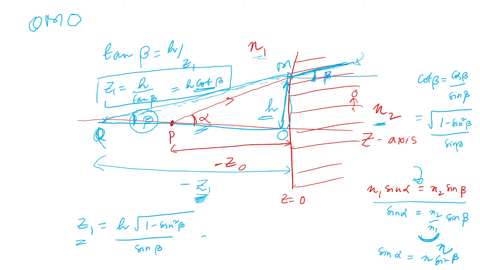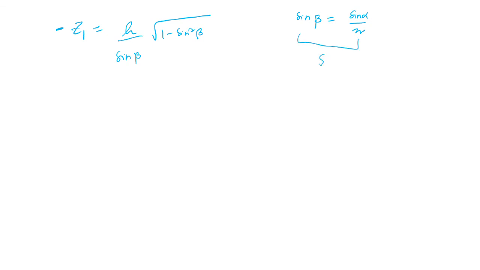So then we had z1, remember it is negative z1 because it is on the left hand side, as h over sine beta times square root of 1 minus sine square beta, and we saw that sine beta is equal to sine alpha over n from Snell's law. We just recast n2 by n1 as n itself, correct?